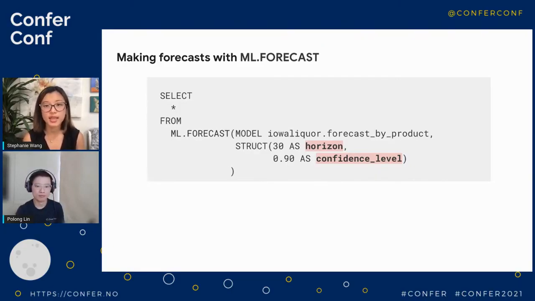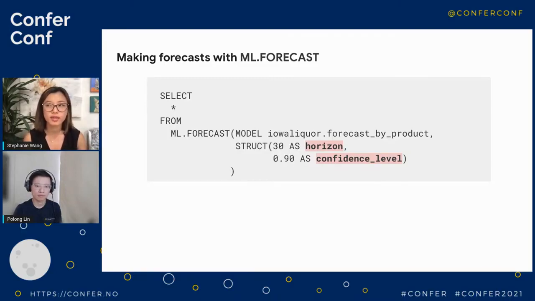In our case, given the daily data, we are putting down 30, which means 1 month of forecasted values. The confidence level over here is the percentage of future values that fall in the prediction interval. I know this may be a little bit harder to comprehend, so we will jump into that very quickly.